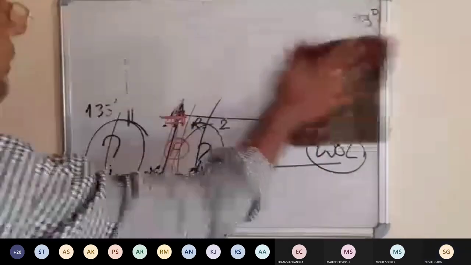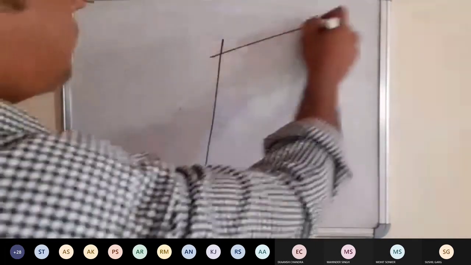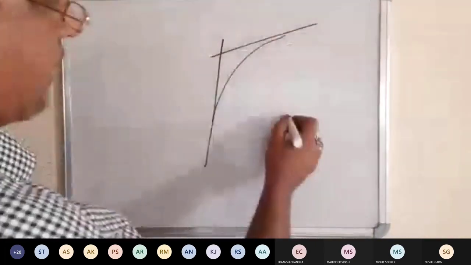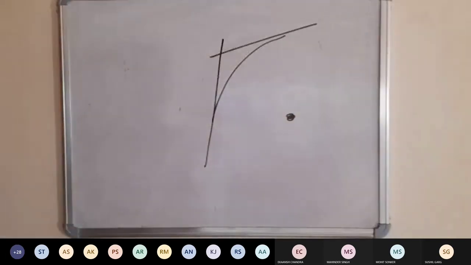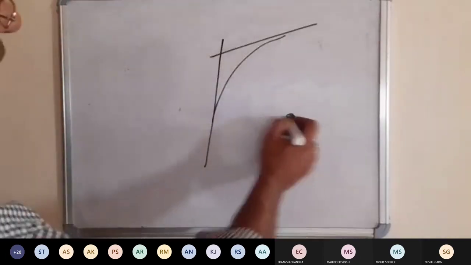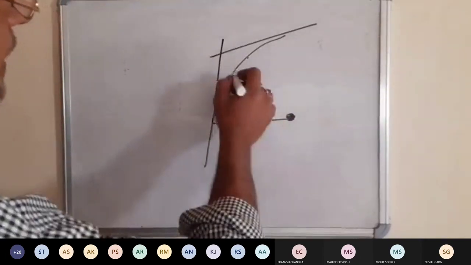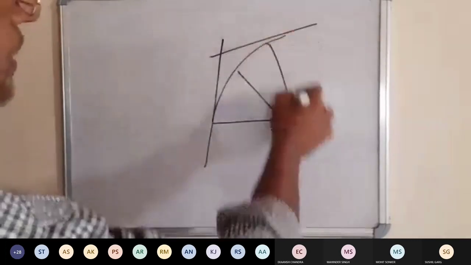So the point around which you were turning, this object was there, which was a radar object. Your radius was from here, this was the turn.